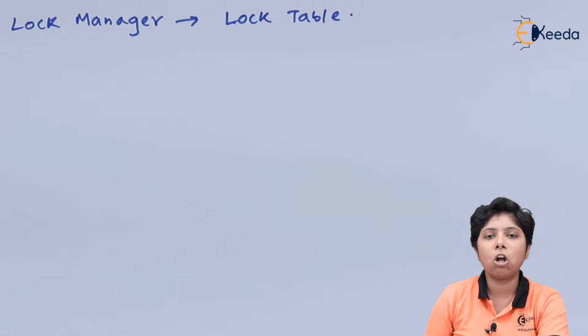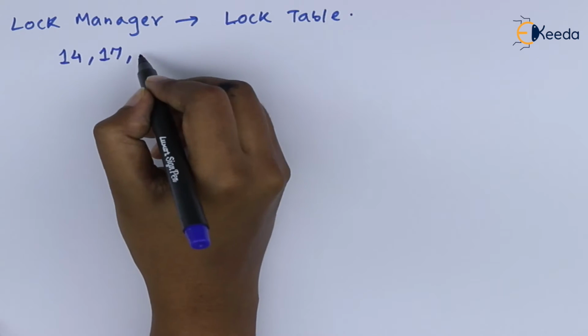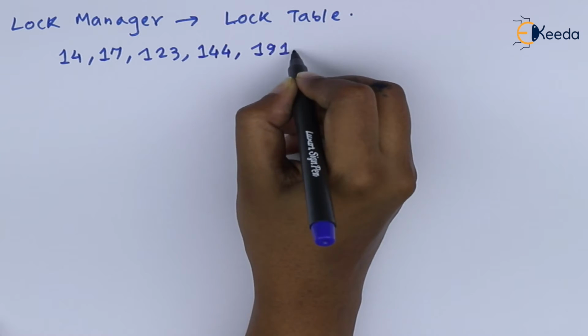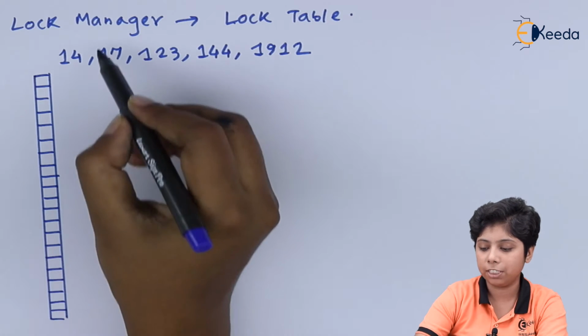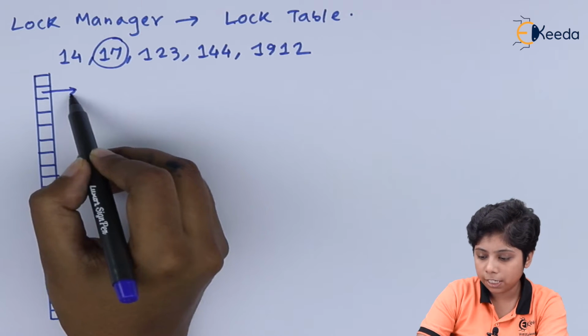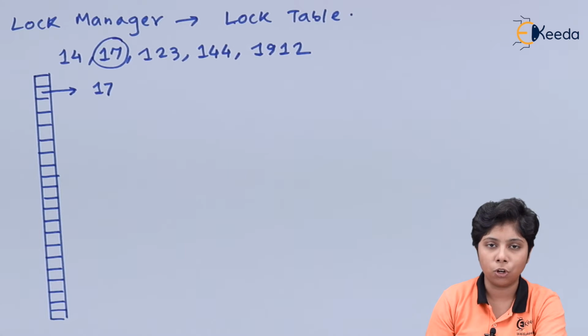Now we will see a lock table which will contain 5 different data items. So first we need to check, for a particular data item, say this 17, so we are first taking this 17. If 17 is the one that we are checking, we see whether a transaction has a lock on that data item or not.